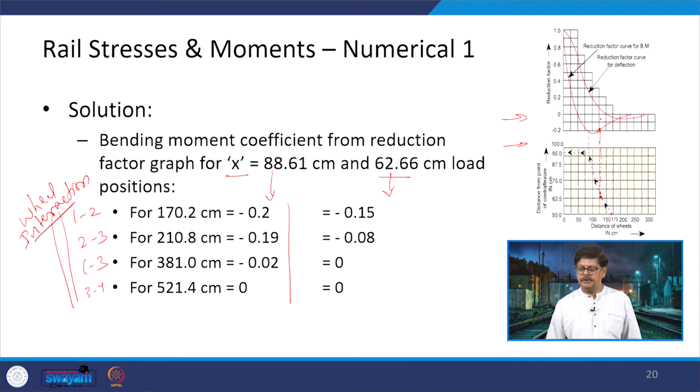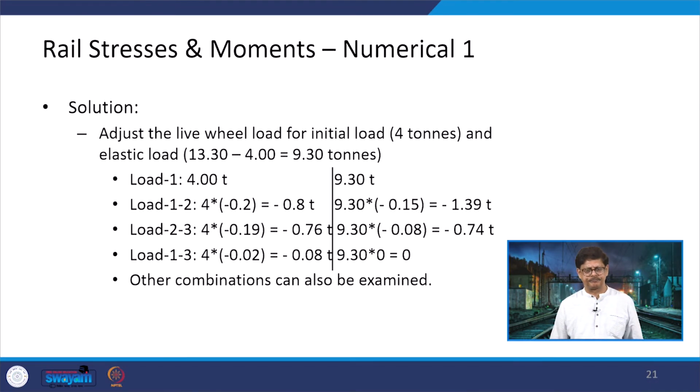Okay. So, when we come at that point, it may give you a value of say negative 0.15. So, likewise all these factors have been identified. So, these are the reduction factors which we are going to consider further.